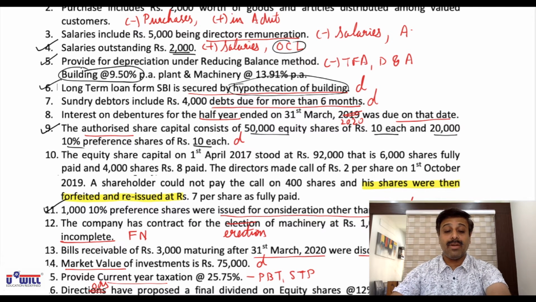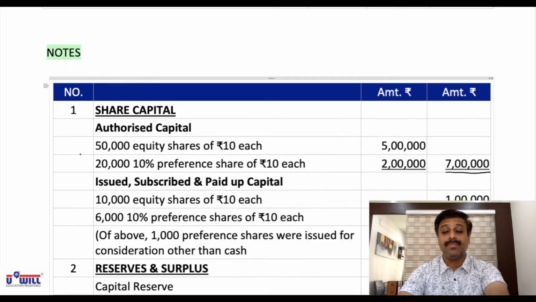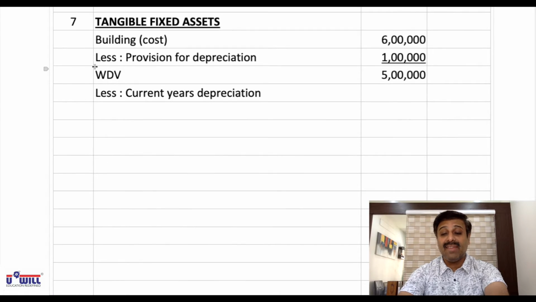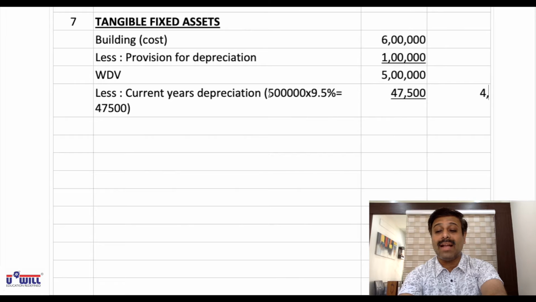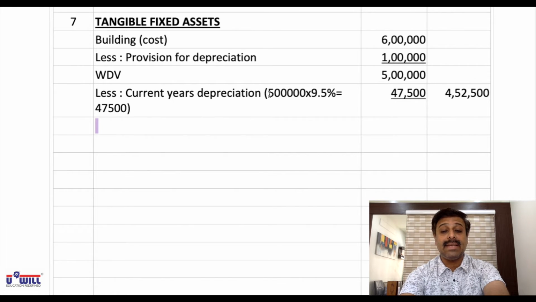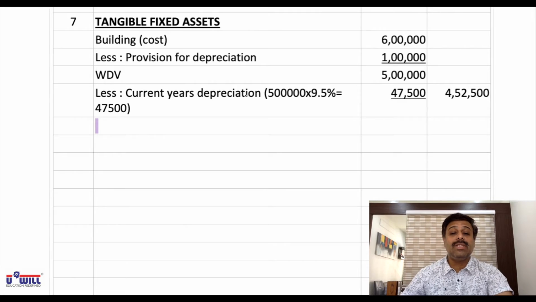So here we will be doing 5 lakhs into 9.5%, that is 47,500. If you subtract it, you will get 4,52,500.